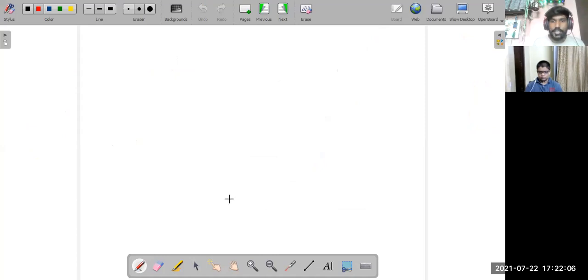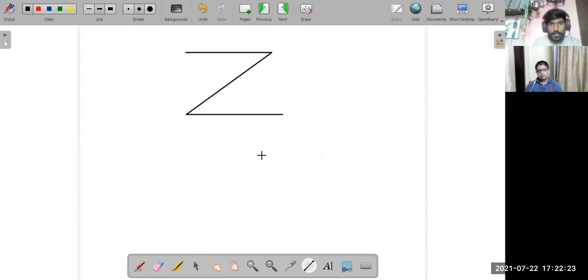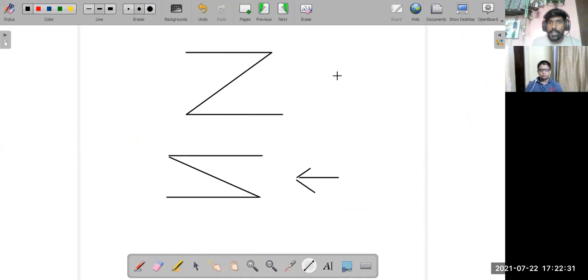First, understand alternate angles. For alternate angles, you remember the letter Z. This is an inverted Z, and this is a non-inverted Z. Now you see the angles that are formed at the corner of this letter, this angle and this.